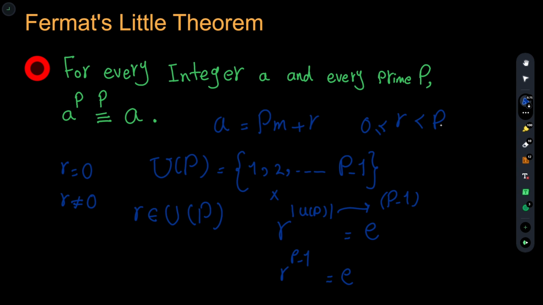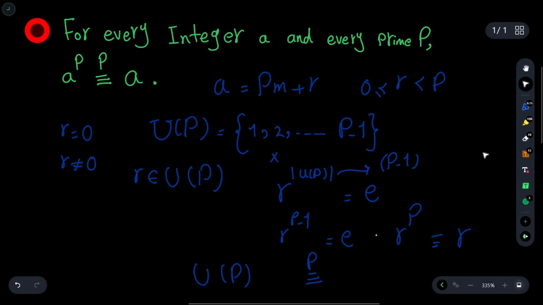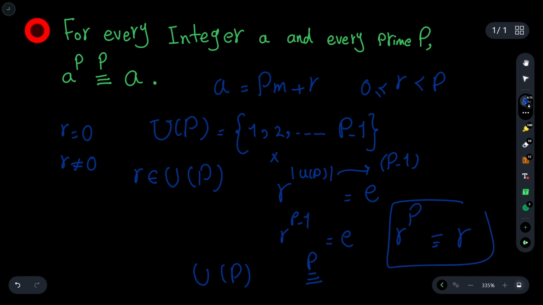Just multiply both sides by r, then you get r to the power of p is equal to r. And since this group U_p acts like the mod operation with respect to p, then this is actually true. So our theorem is proved.